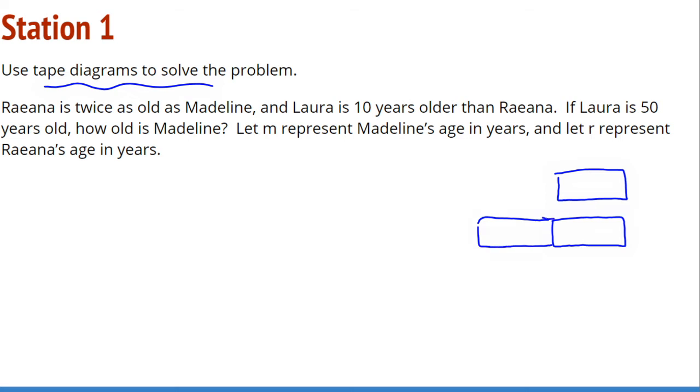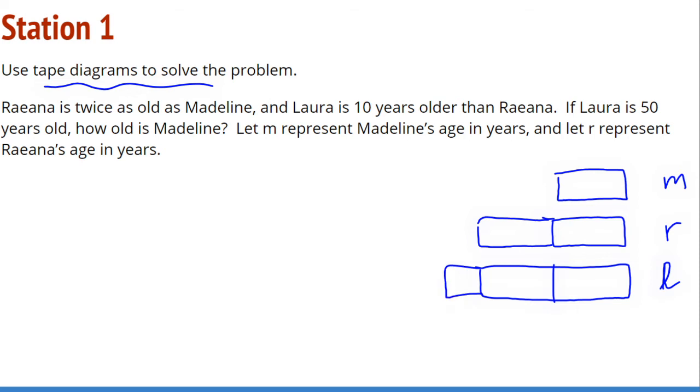And it says that Laura is 10 years older than Raina. So I've got Madeline, Raina, and then my oldest is Laura. And she's got everything that Raina's got, and we're going to add on 10 more years.